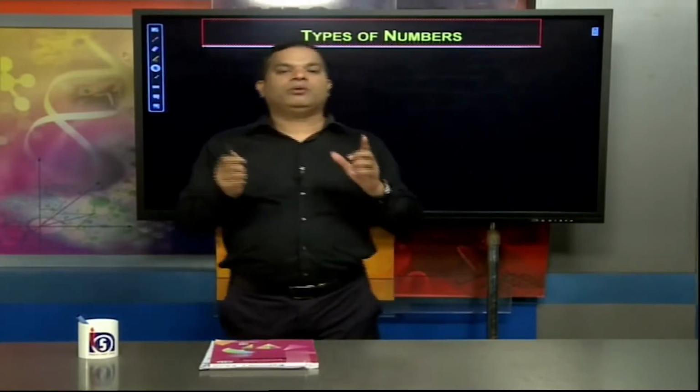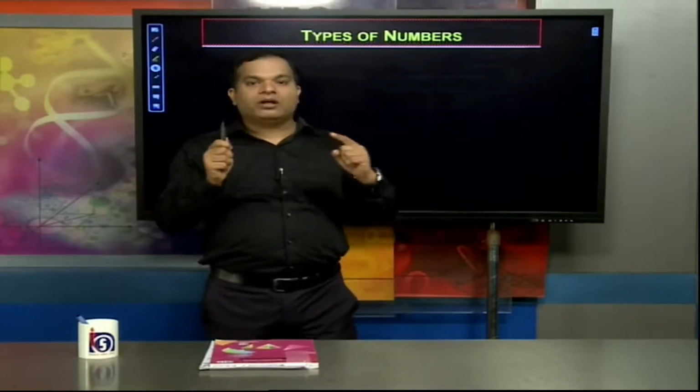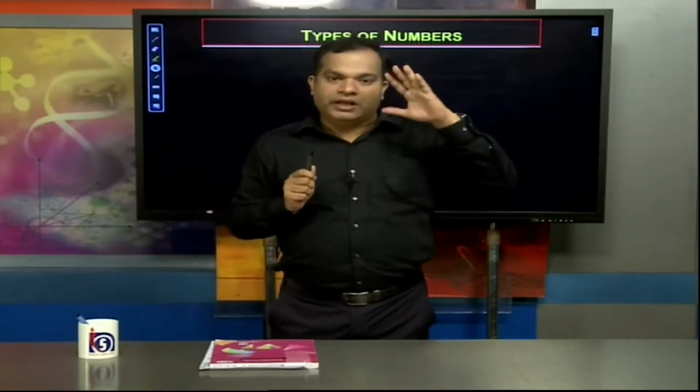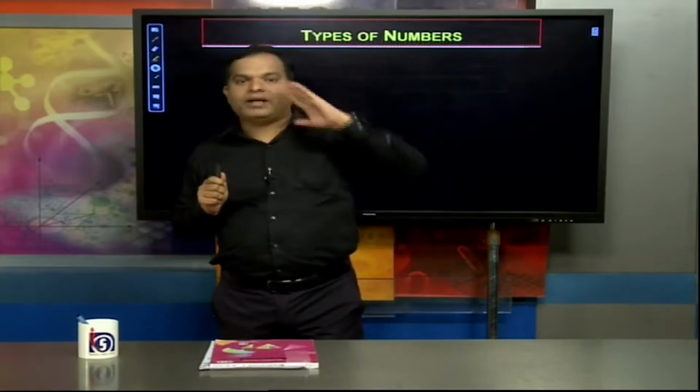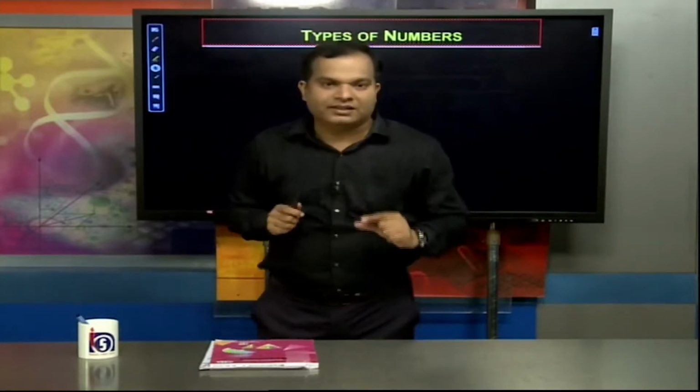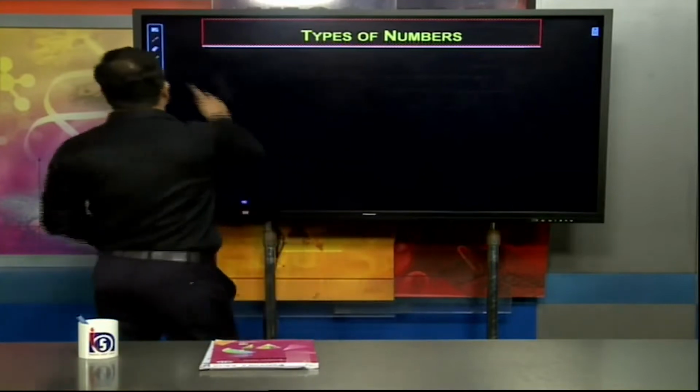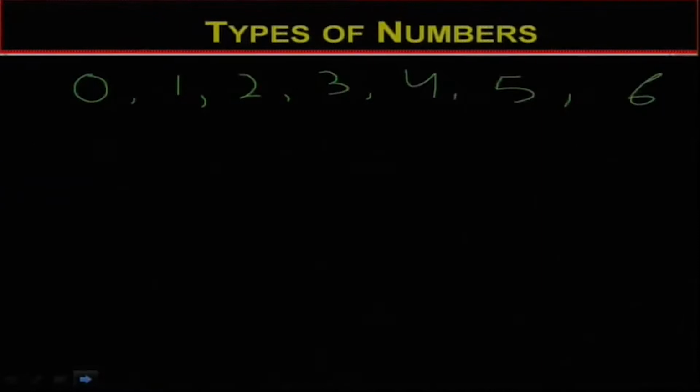When you are talking about different numbers, just observe the keyboard of your mobile. You will find there are 10 digits, starting from 0, 1, 2, 3, 4, 5, 6, 7, 8, 9, up to 9.